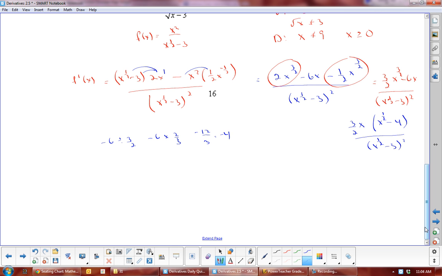And since I've taken it out front, you can also now just bring the 2 down. So that would be 3x times root x minus 4 all over 2 times x to the 1/2 minus 3 squared.